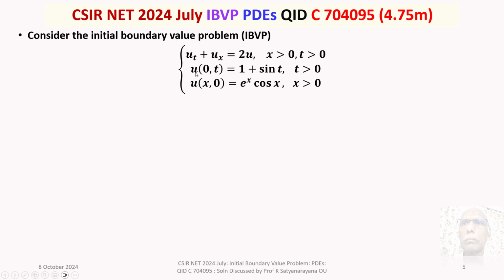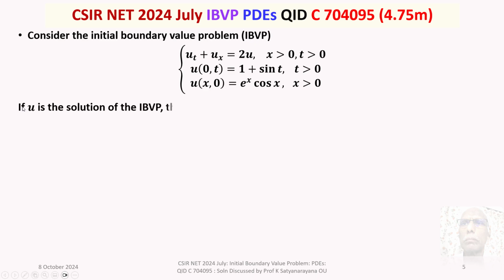And u at (0, t) is given to be 1 plus sin t when t greater than 0. It's a boundary condition because x is equal to 0. u of (x, 0) is equal to e power x cos x where x greater than 0. It is an initial condition because t is equal to 0. So thus we are given an initial boundary value problem.